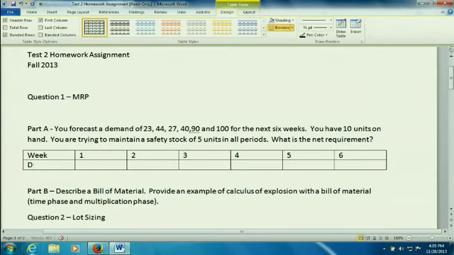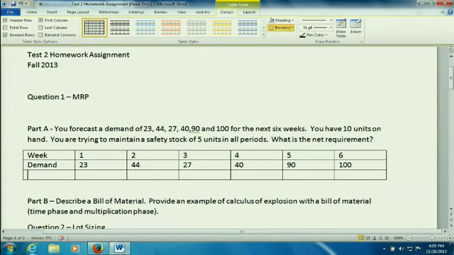And so the demand is 23, 44, 27, 40, 90, and 100. We have 10 units on hand, okay?